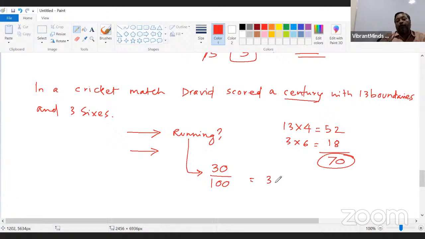So how many runs has he scored through running? 30%. And if the question had been what percentage he has scored through boundaries, that would have been 70%. Clear?